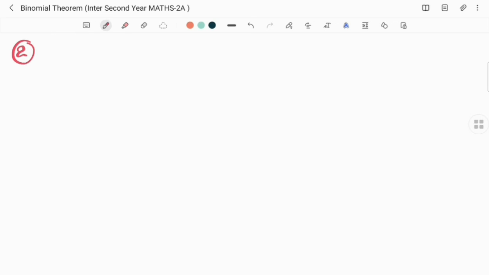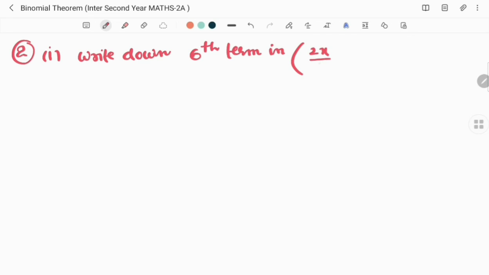In that I am selecting the first question: write down the sixth term in (2x/3 + 3y/2)^9 and simplify.